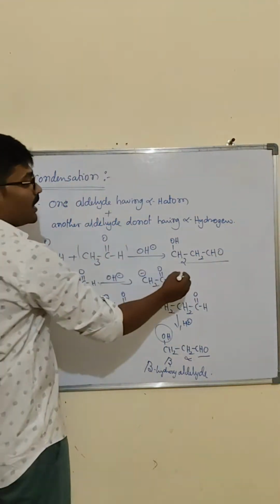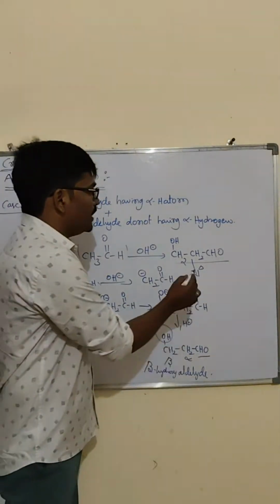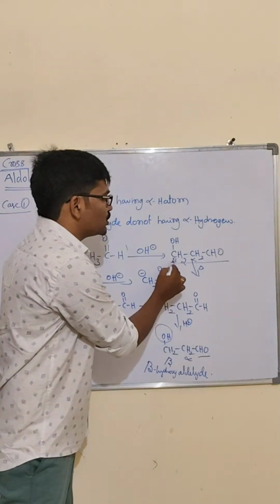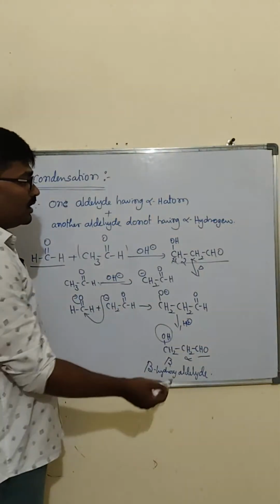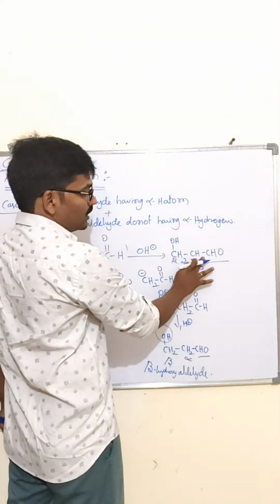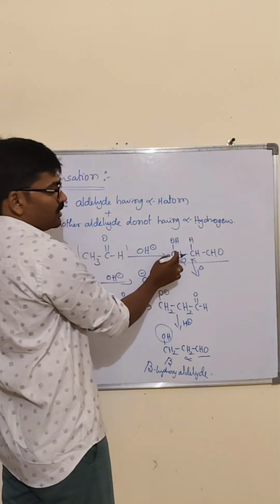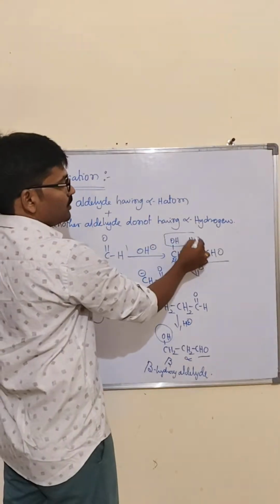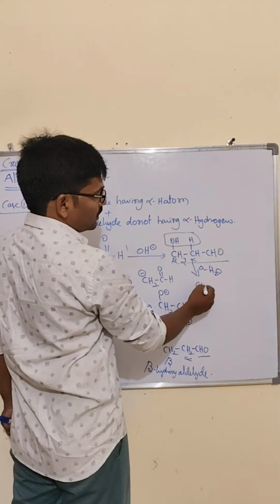దీన్ని ఫర్దర్ గా హీటింగ్ చేస్తే, సో హీట్ చేస్తే ఏం జరుగుతుంది సార్? Both alpha and beta positions నుంచి, H2O will be removed from it. So the alpha H and the beta OH, both will be removed. H2O remove అయిపోతే then ఏం ఫామ్ అవుతుంది?